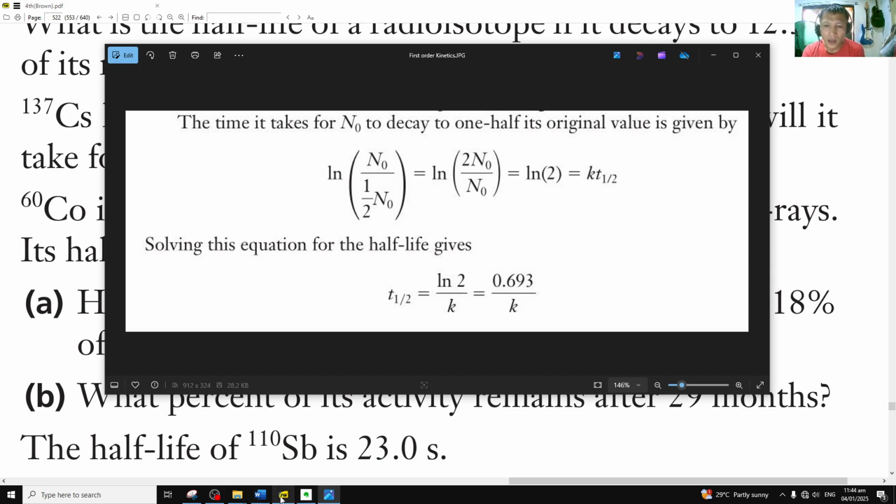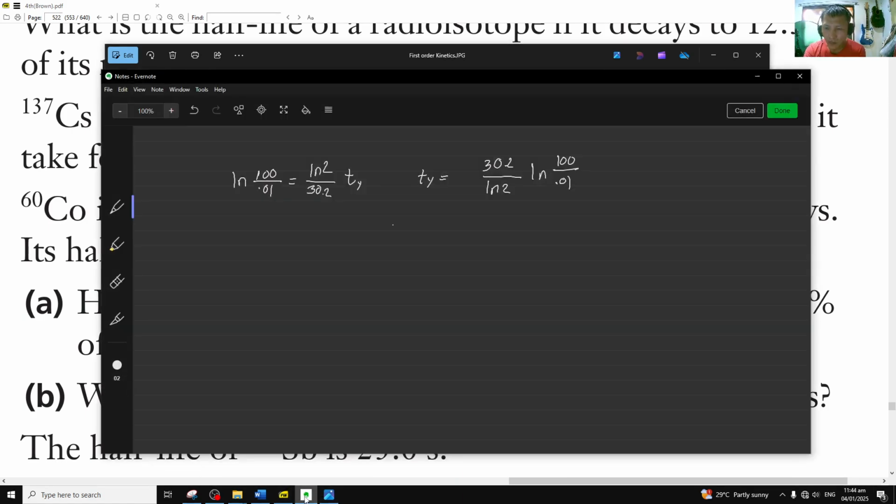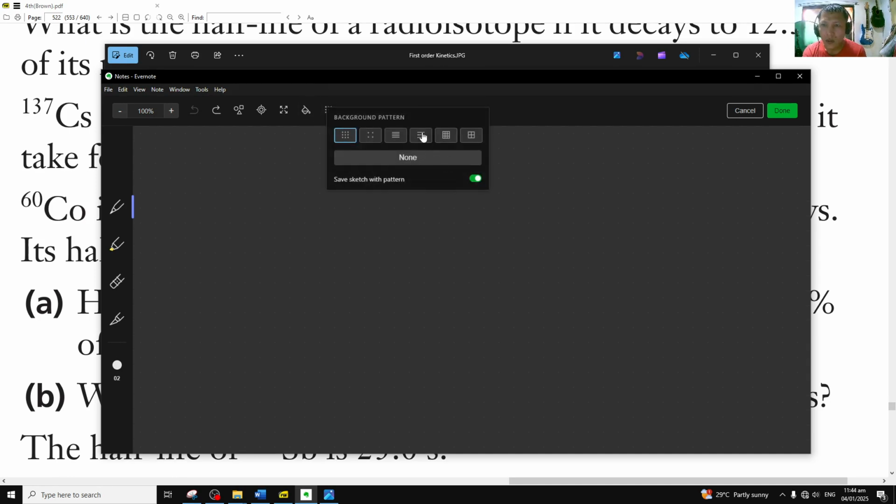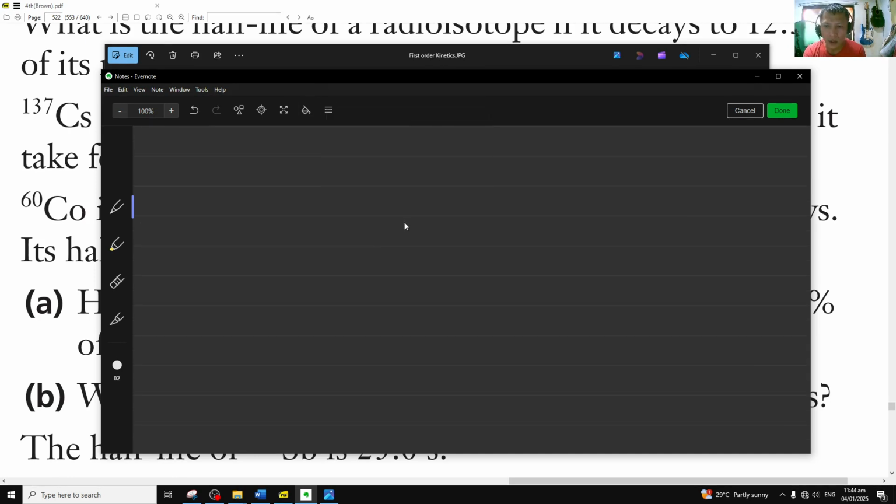Maybe we can go back to the algebraic form, the original form.